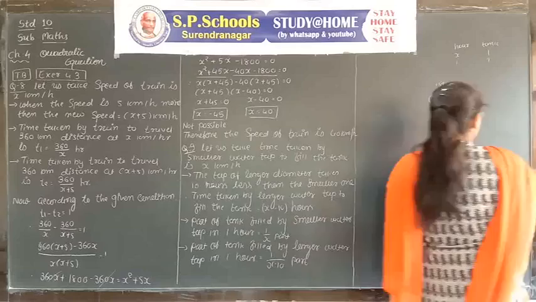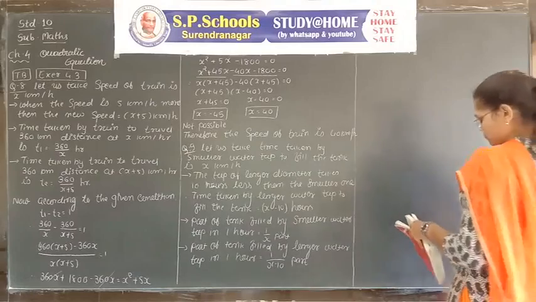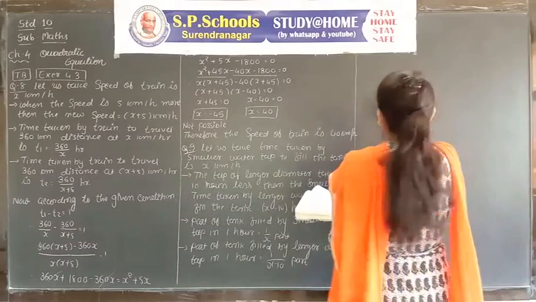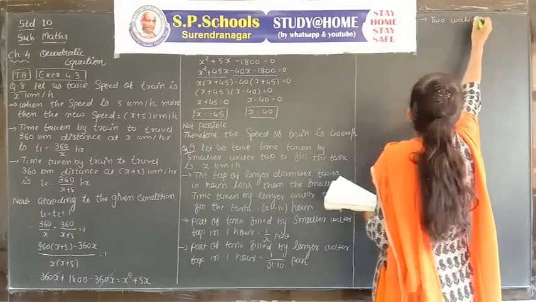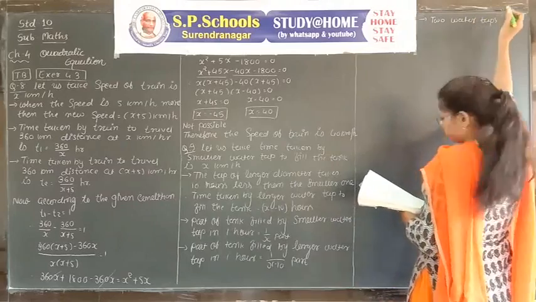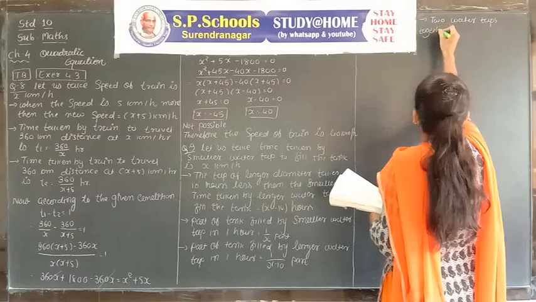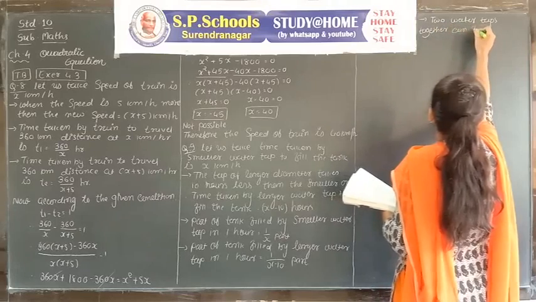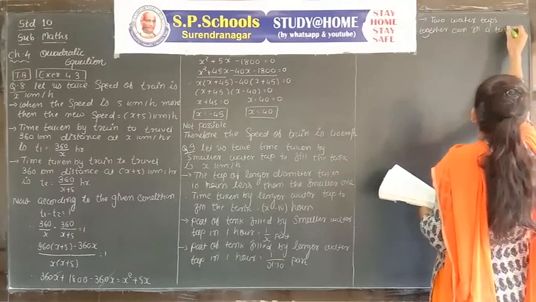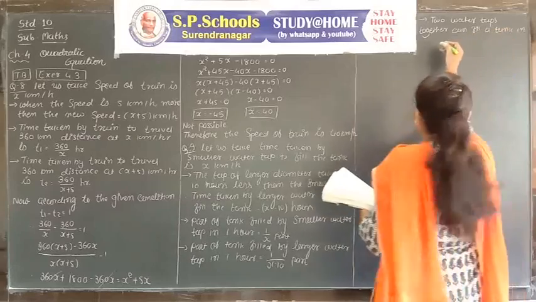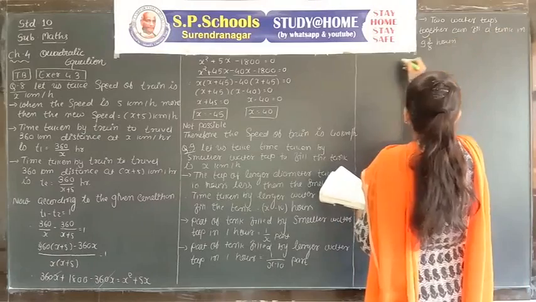According to the question, the time given together the tank filled. First sentence says that two water taps together can fill a tank in 9 integer 3/8 hours.